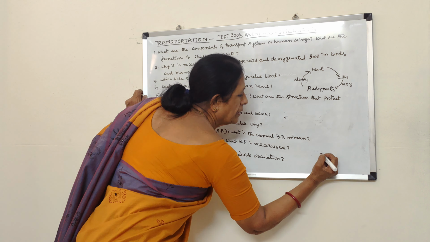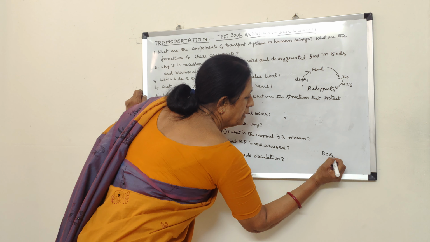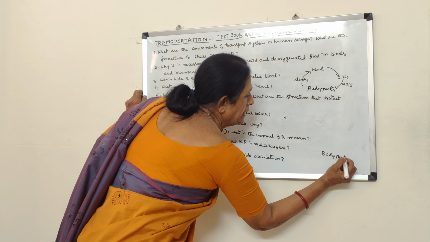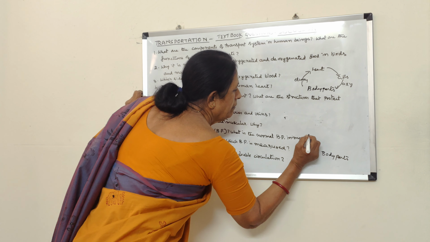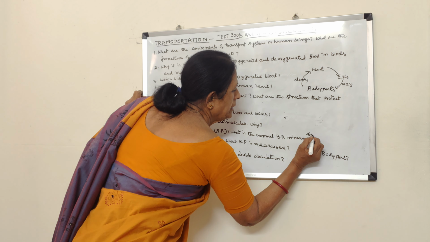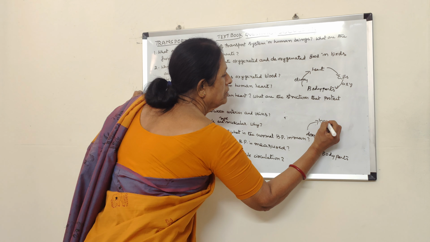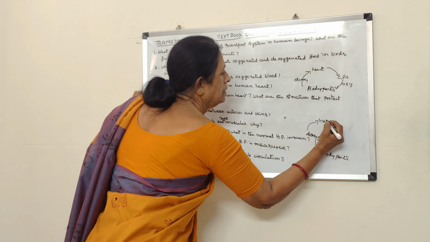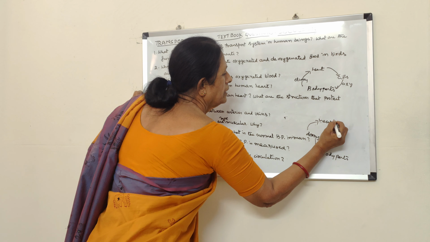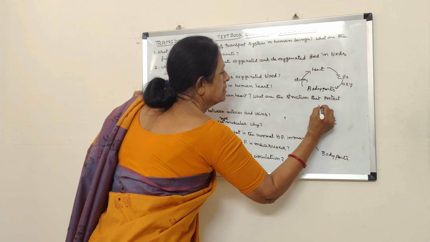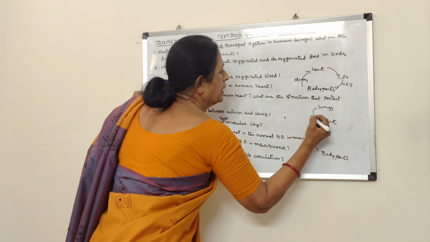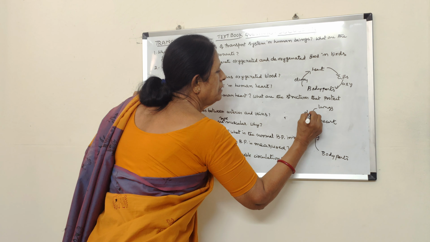Double circulation means that from the body parts, the deoxygenated blood is collected by veins and goes to the heart. From the heart, the blood goes to the lungs. This is deoxygenated blood.